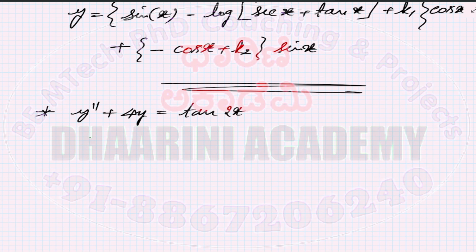Now we can rewrite this as D squared plus 4 times y is equal to tan 2x.